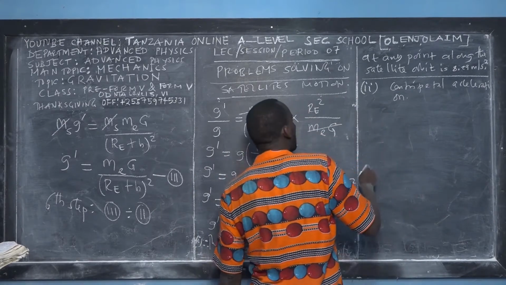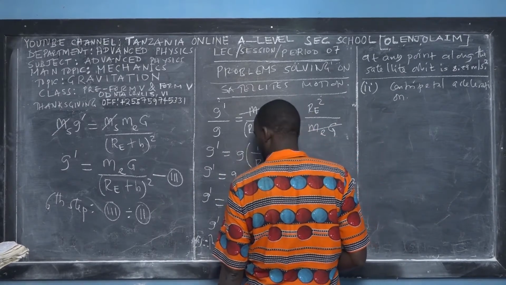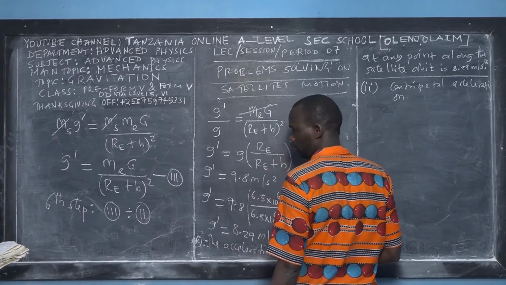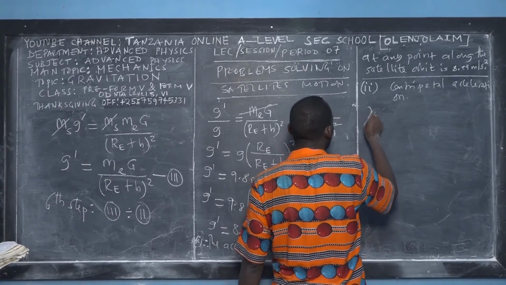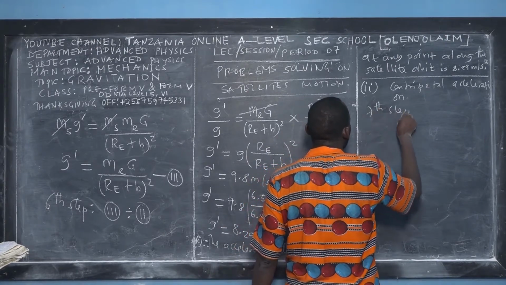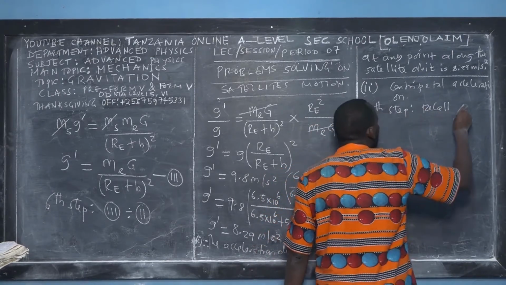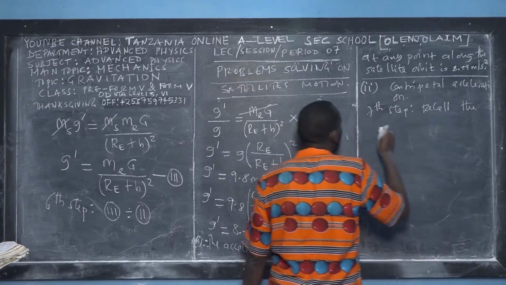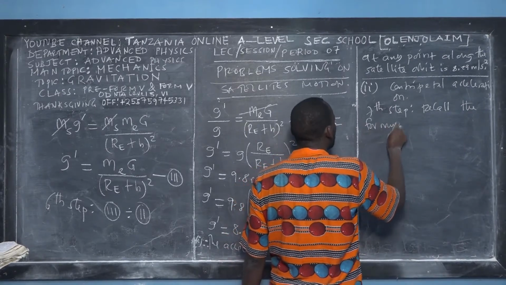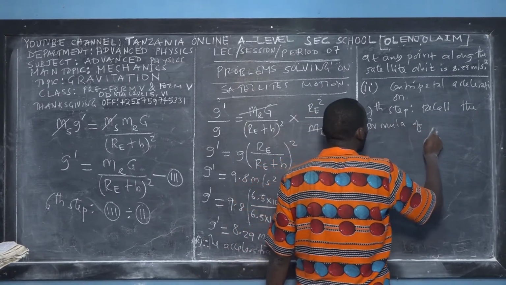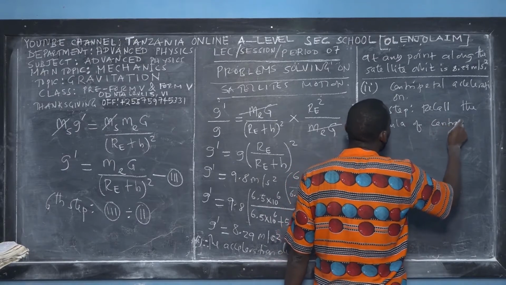So we'll be following a number of steps on achieving this. We ended in 6 steps, so this is the 7th step because we are still solving the same problem. We say that you have to recall the formula of what? Centripetal force.